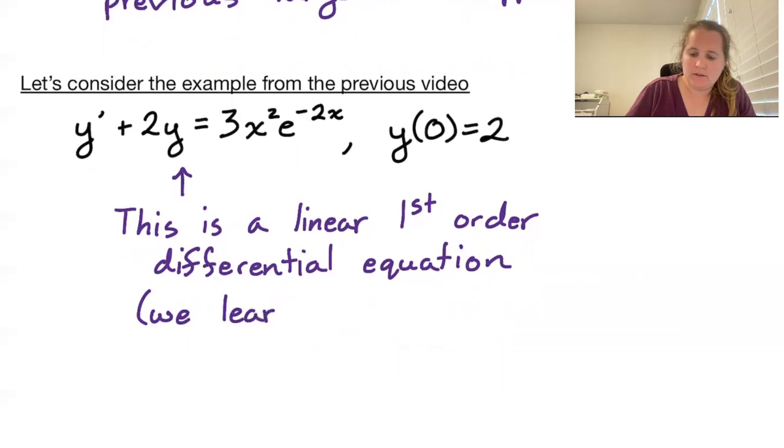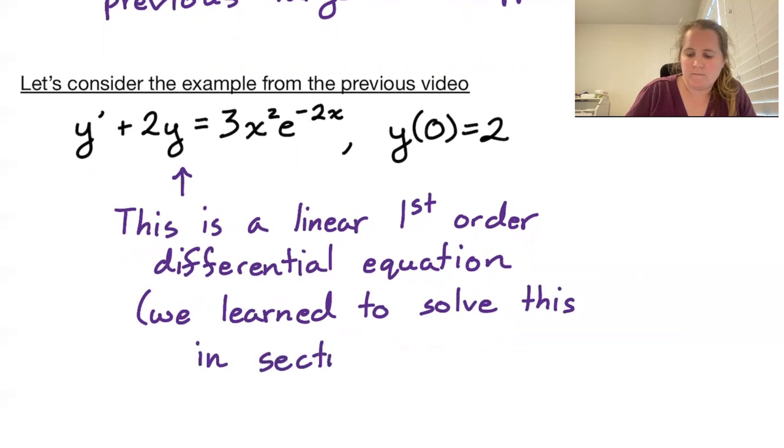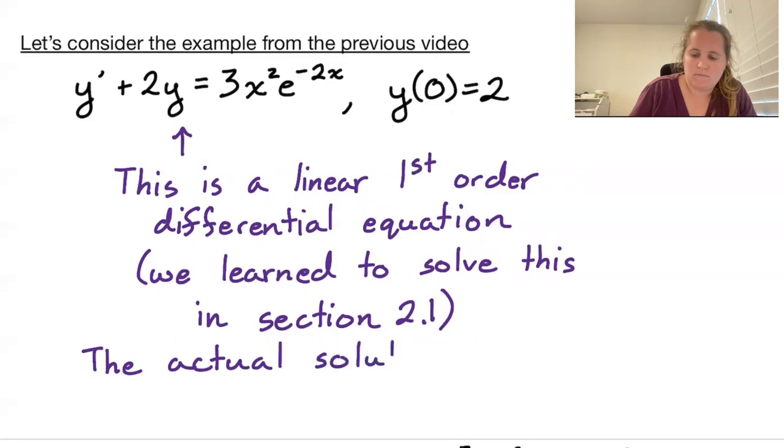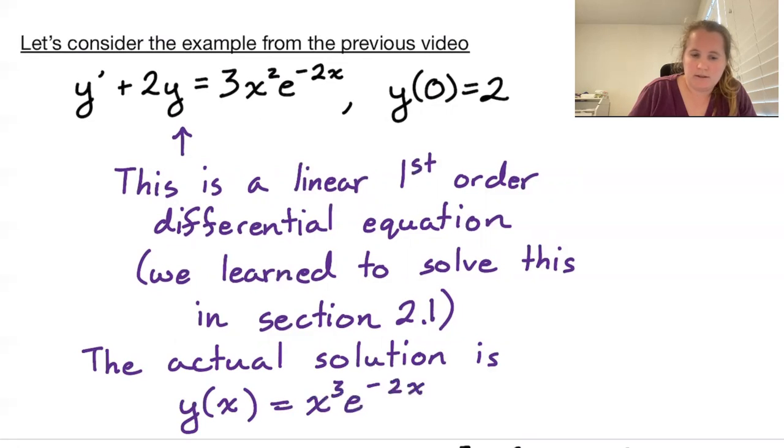And the actual solution is y of x is equal to x cubed e to the negative 2x plus 2e to the negative 2x.